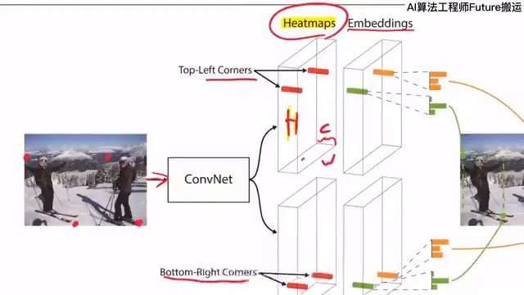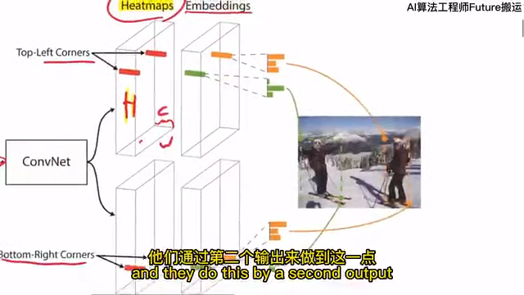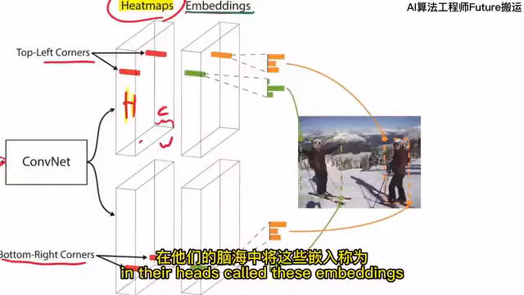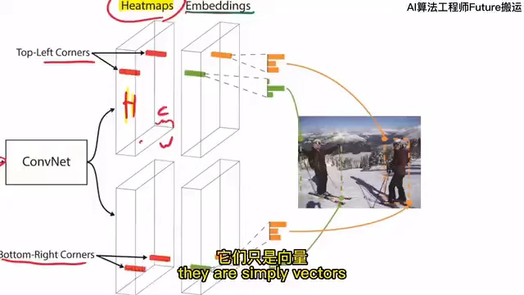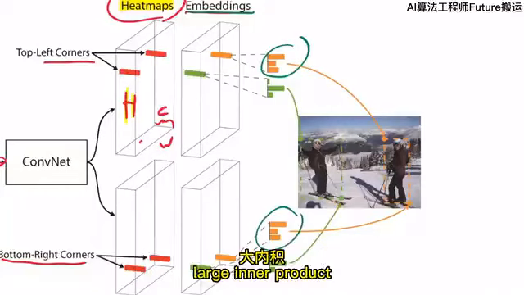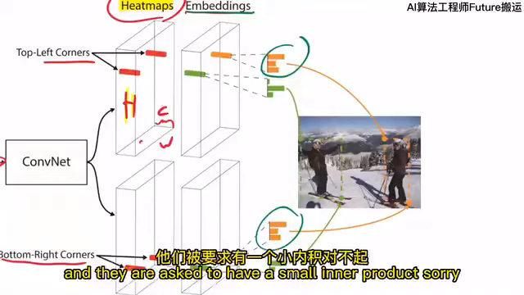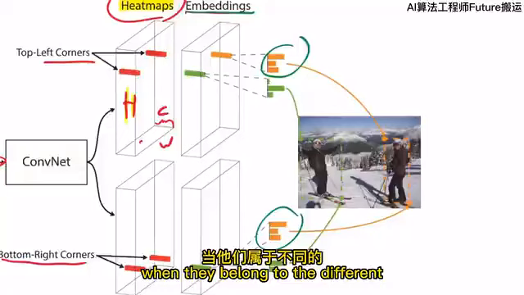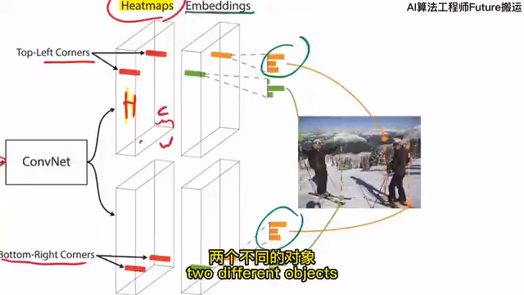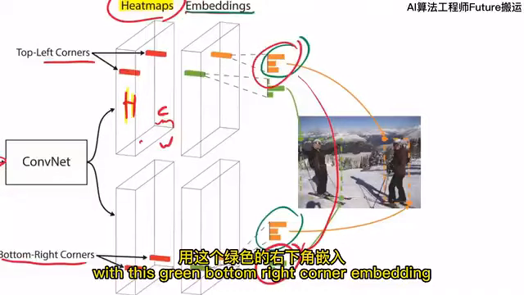You have to know which of those belong to the same object. They do this with a second output in their heads, called embeddings. These embeddings are simply vectors, and the only thing they're asked to do is have a large inner product when they belong to the same object and a small inner product when they belong to different objects. So this orange thing here would have a large inner product with this green bottom right corner embedding.